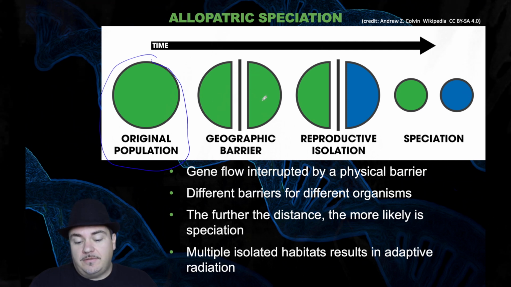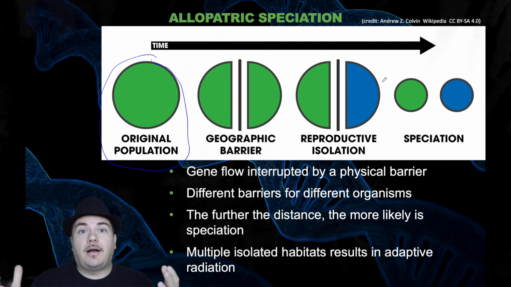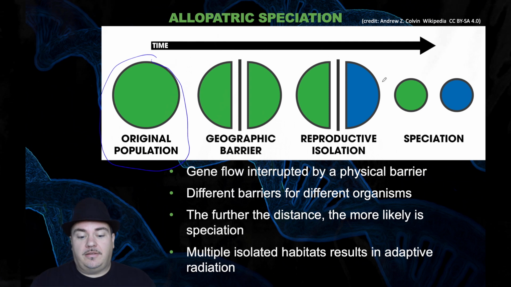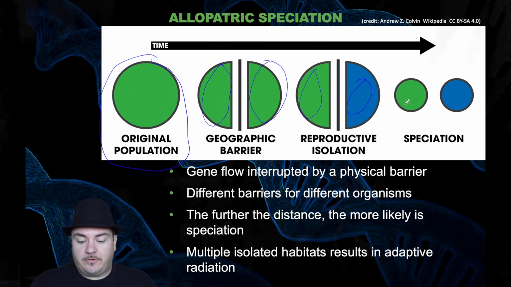For example, let's say you had a pond and there was a drought and the water levels went down, and that created two separate ponds where the fish are now separated from each other. So there's a geographic barrier which then produces reproductive isolation. The fish over here can no longer mate with the fish over here. Over time these two populations start to diverge from each other, and you get two separate species evolving.